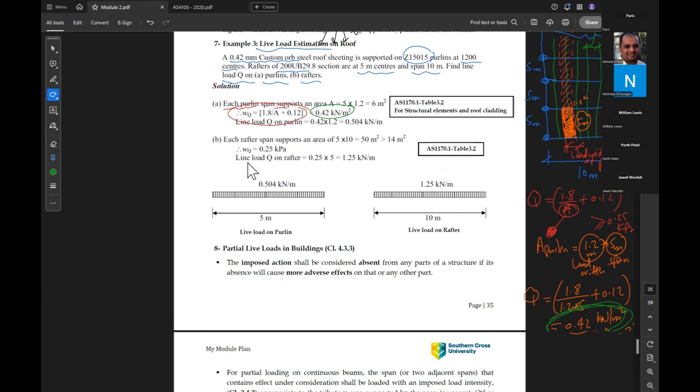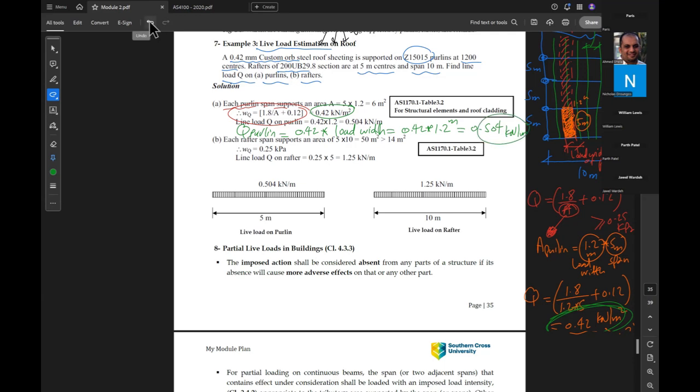So how to find the load on the purlin as line load? So Q purlin will be equal to 0.42 times what? The load width. So what is the load width? 0.42 times 1.2 meter equal to 0.504 kilonewton per meter.